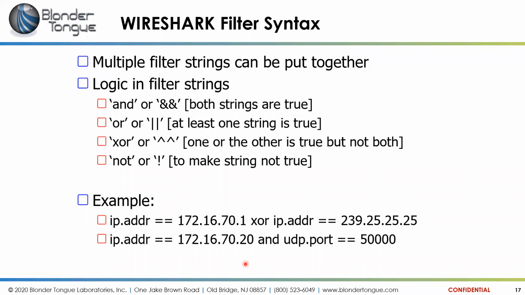Or we have the IP address equals that and the port number equals that. So if this 70.20 address is sending other traffic aside from UDP multicast traffic or UDP video traffic, it would ignore that and only show the information coming through on port 50,000.